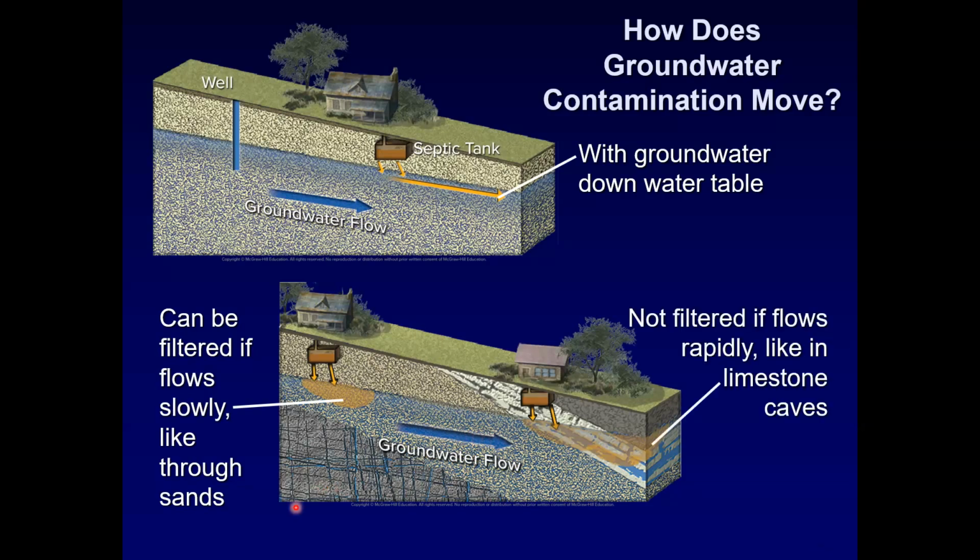But it's not filtered out if flow is rapid, like through limestone caves. We need to know the direction of groundwater flow. That's very important in the cases of groundwater contamination, because we need to know where those contaminants are moving. And we can use the flow direction to figure out where the contamination originated to begin with.